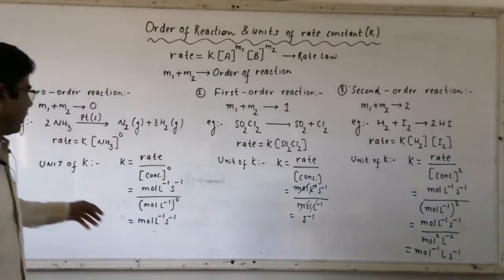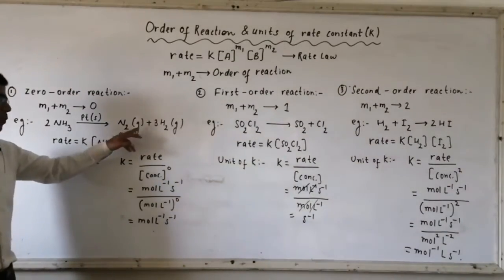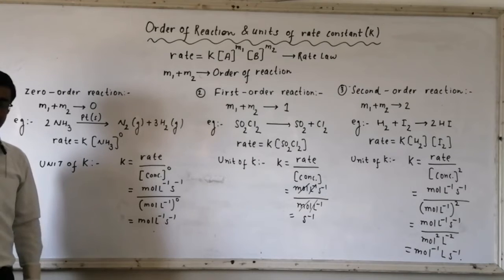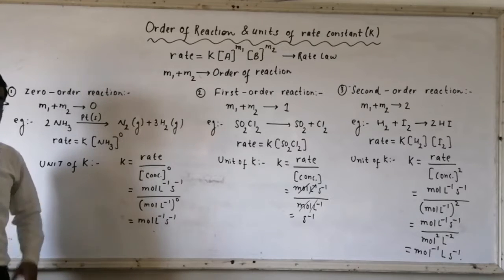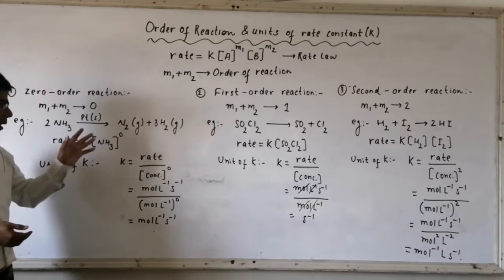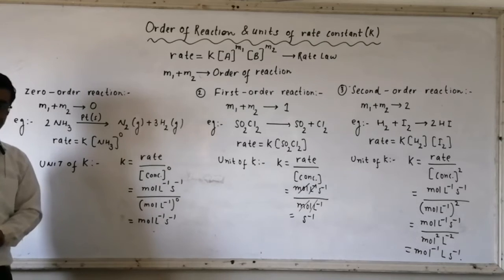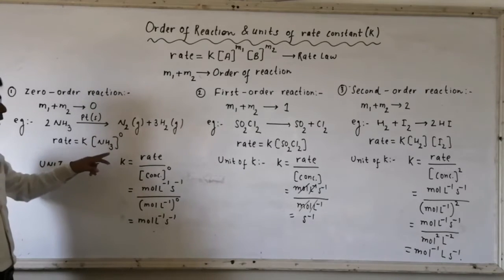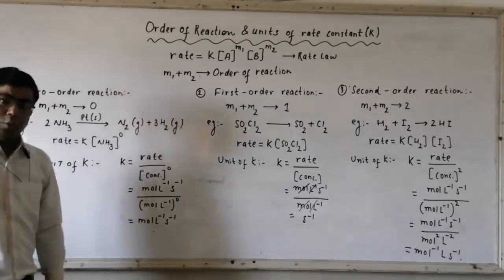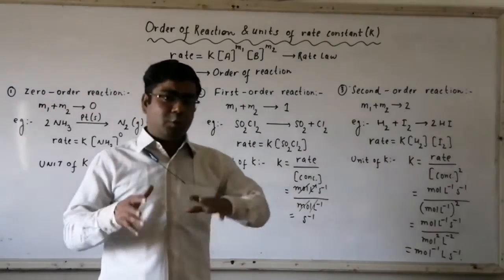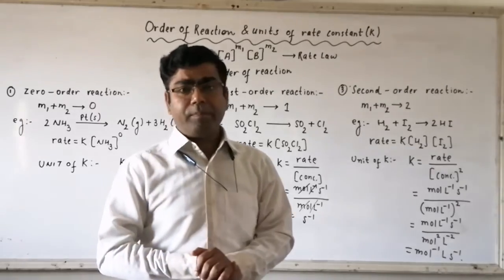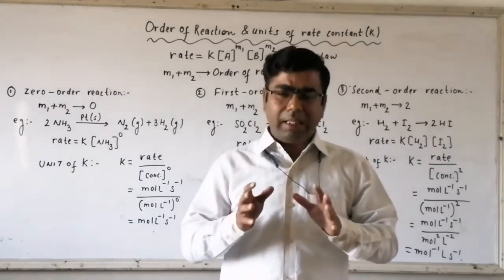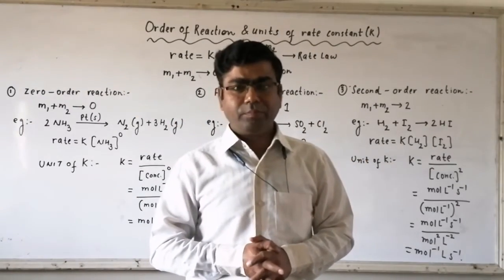As a result of decomposition, we are getting N2 gas plus 3H2 gas. Now, for this chemical reaction, the rate law is given as rate equals to K into concentration of NH3 to the power 0. Concentration to the power 0 means it is a zero order reaction.